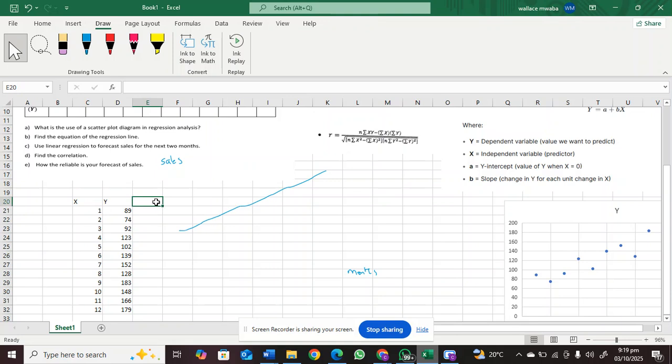When you are trying to get the equation of the regression line, remember, the first thing you need to do is multiply x by y. So 1 times 89, you get 89. 2 by 74, we get 148. 3 by 92. 4 times 123.